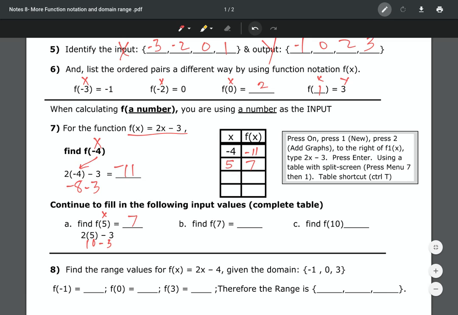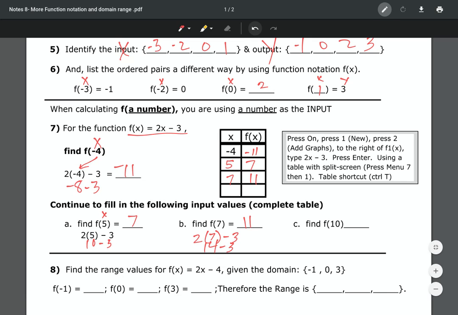Then find f of 7. So we're going to go 2 times 7 minus 3. So that'll be 14 minus 3, which is 11. So we'll have the ordered pair 7, 11.